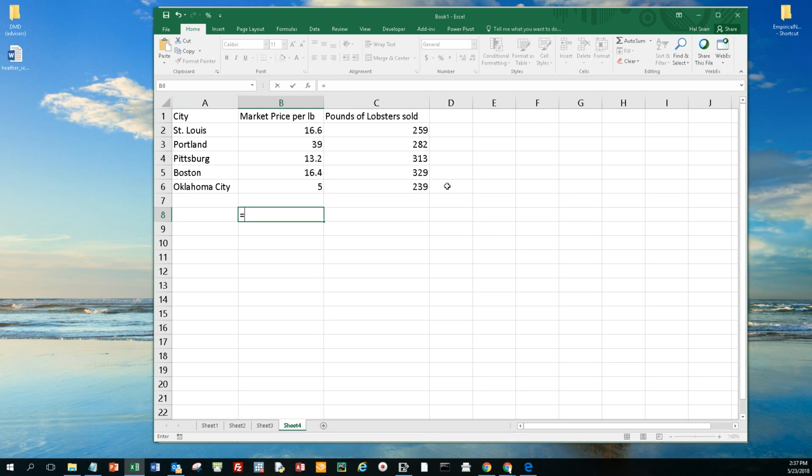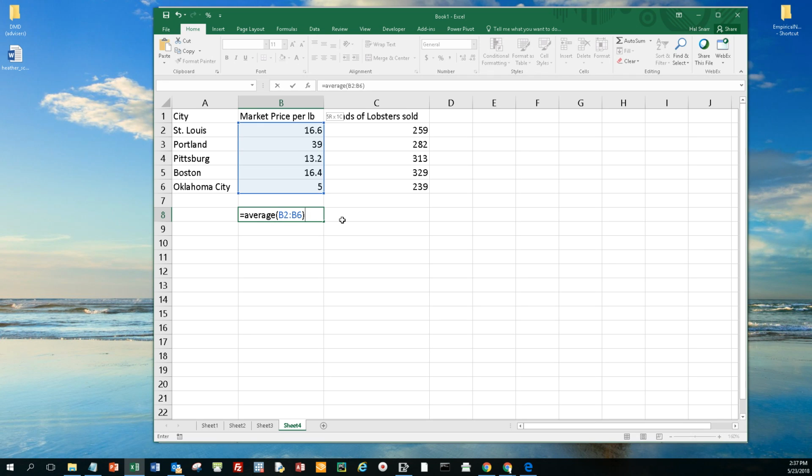Now, if I take the simple average, it assumes equal weighting for each of these market prices. So basically it multiplies this times 1, this times 1, this times 1, this times 1, this times 1, adds that up, and then divides by the sum of 1 plus 1 plus 1 plus 1 plus 1.